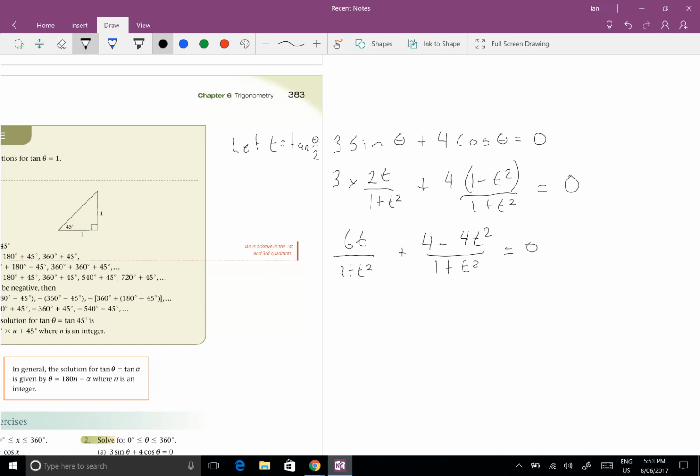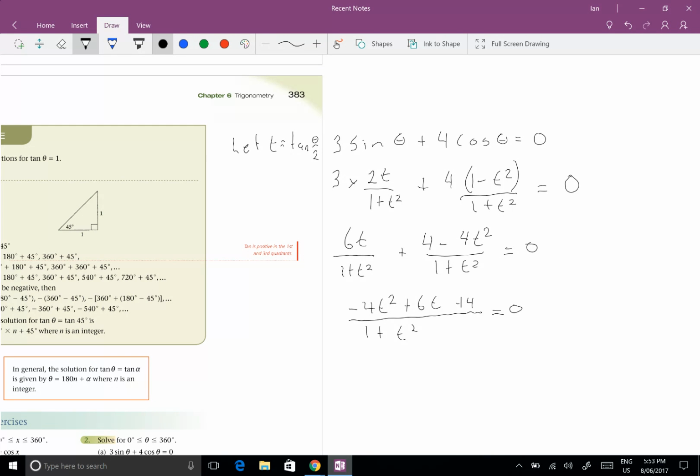Common denominator, so that's easy. So I'll get minus 4t squared plus 6t plus 4 all over 1 plus t squared equals 0. Now I could multiply that 1 plus t squared across and get it equal to 0.